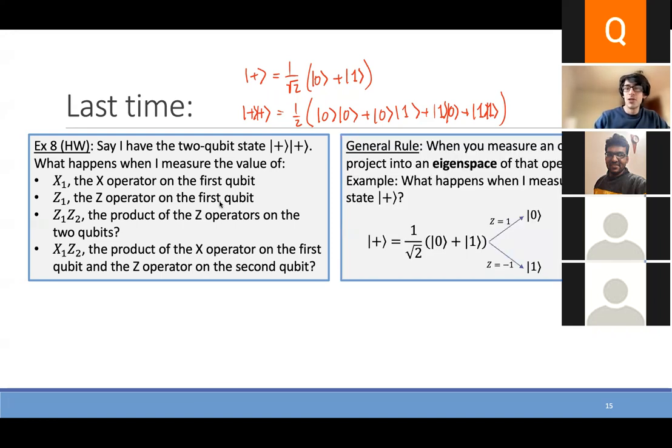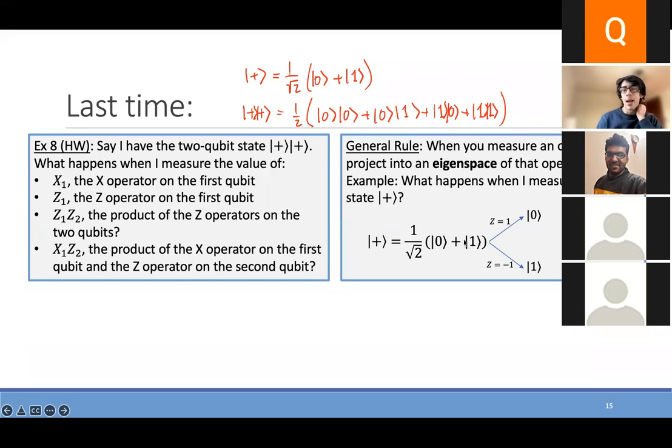A general way to think about this is a reminder of the fundamental measurement postulate in quantum mechanics, which is that when you measure a state, you change the state. This is something you should have heard over and over again. And how do you change it? You project into the state that has a definite value of the operator you're measuring. So for example, the plus state is 1 over the square root of 2, 0 plus 1.